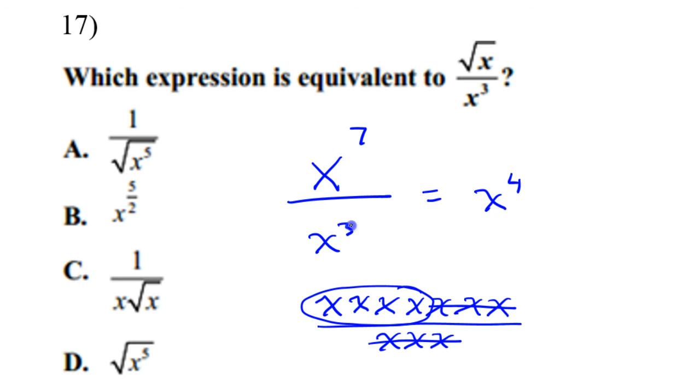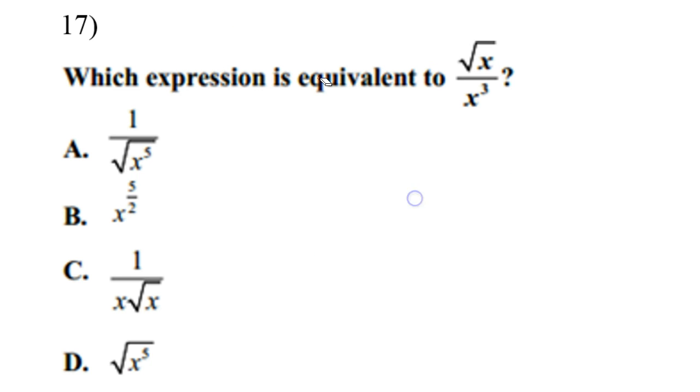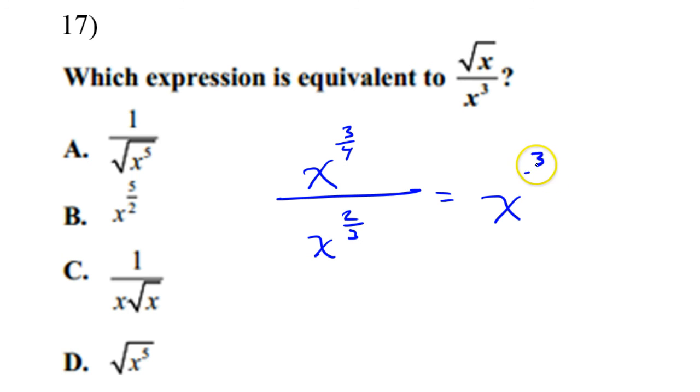Now, a shortcut is to look at it and go 7 minus 3 is 4, but this is why we're subtracting: because really we're canceling things out. So that's key. Have that in your brain that you can subtract these. That will help you for when it's a fraction later. So if I have x to the 3/4 power over x to the 2/3 power, that would be the same thing as x to the 3/4 minus 2/3 power.